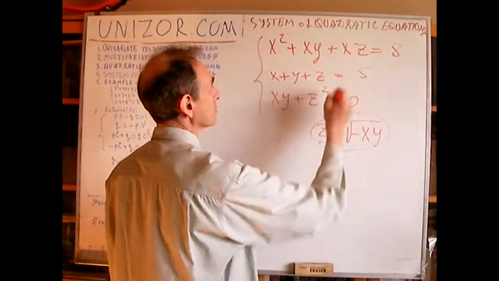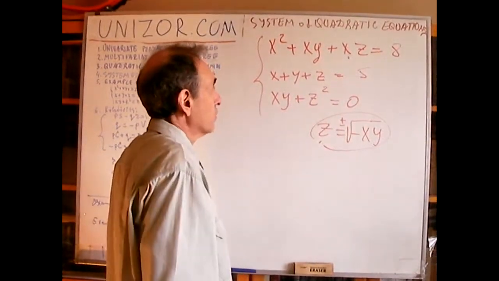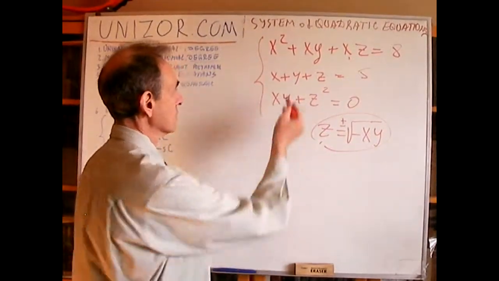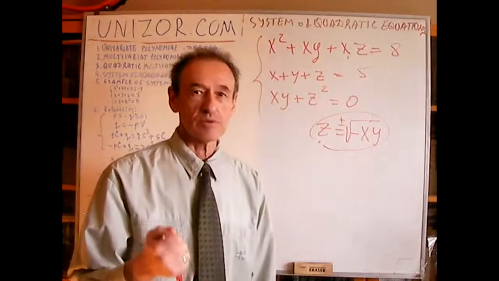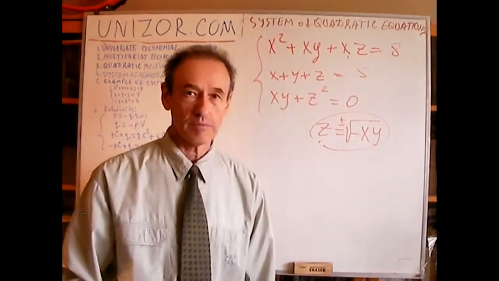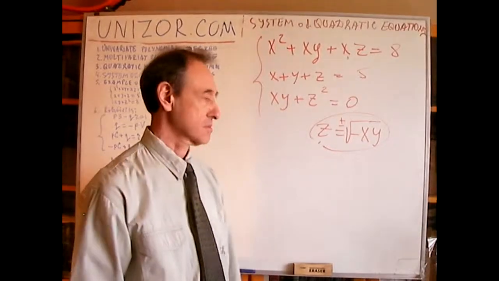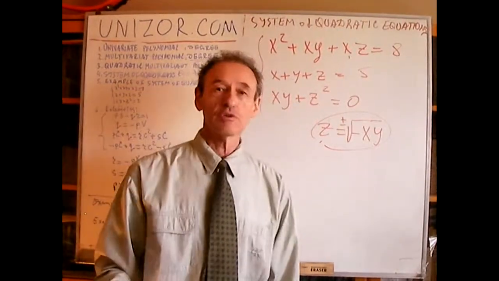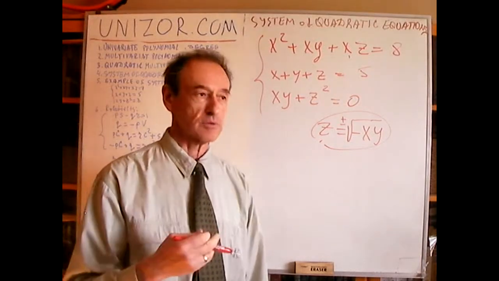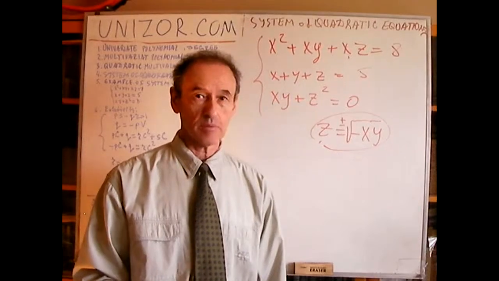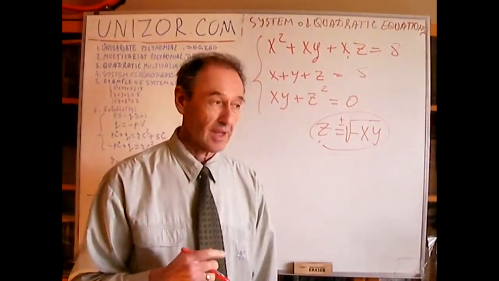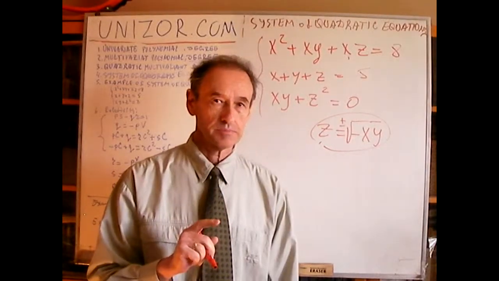Then substitute it into this, and what will you have? You will not have an equation which can be easily solved, or into this. I mean, it's not easy. There is no general solution, general approach, general algorithm how to solve the quadratic equations. So it's your ingenuity, actually, which must really help you to find a certain peculiarity in the system which will allow you to solve. Well, except one case.